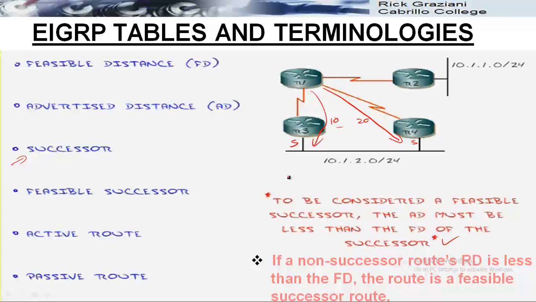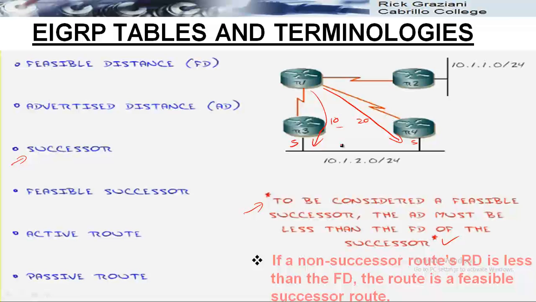If you read that a couple of times, you'll get confused. What they mean is, you and I can obviously see that R4 is a backup if we choose R3 as the best route to reach the destination. But DUAL doesn't consider that as a backup, not unless it meets the feasibility condition.